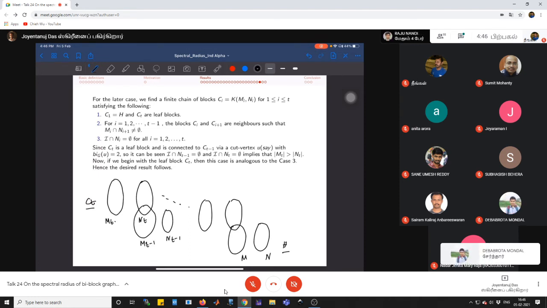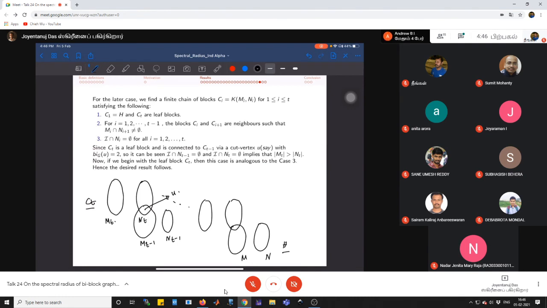This is the block C_{t-1}, and it is connected by a cut vertex Q. We are also already considering that the block index of each cut vertex is 2. So it can be seen that I intersection N_{t-1} is empty, and I intersection N_t is empty implies the coordinate of Q is strictly greater than N.